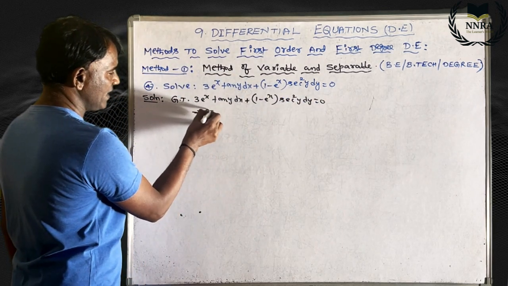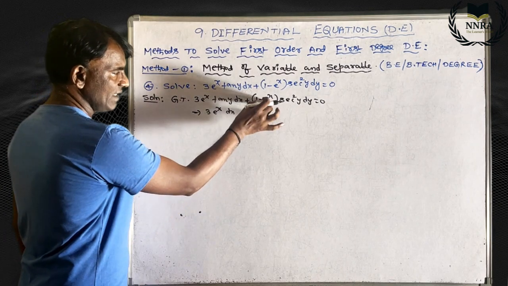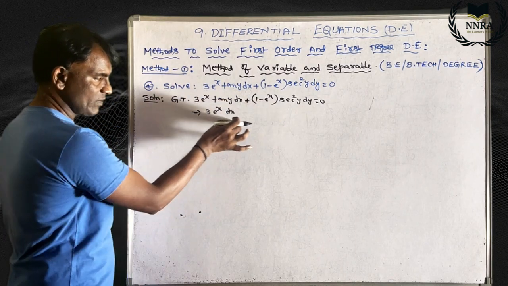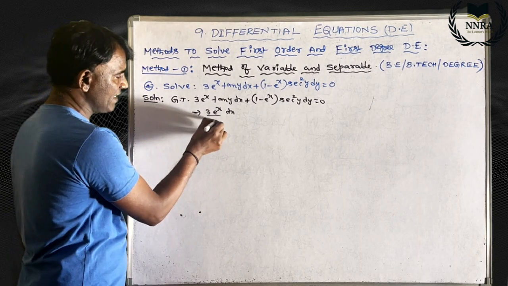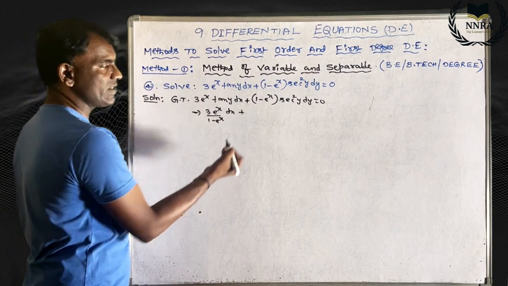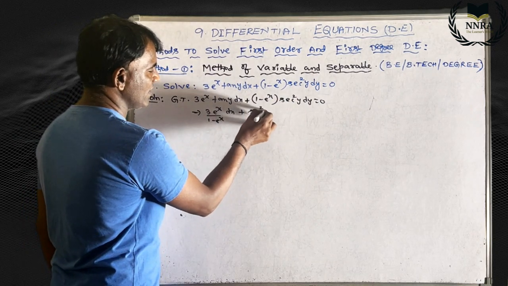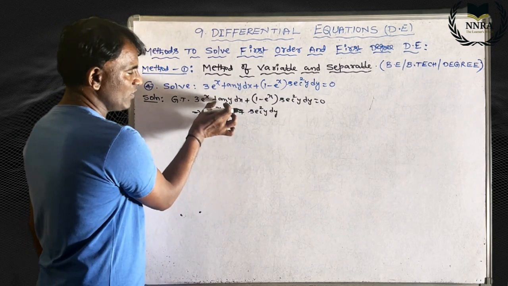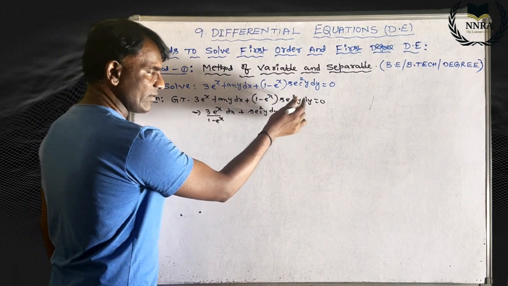Do one thing, write 3 into e power x, then here dx, and take the 1 minus e power x term here. Then we will get it in the denominator, the x term is over. And what is the y term here? Secant square y dy. And one more y term is there, take that side, I mean for the second term.